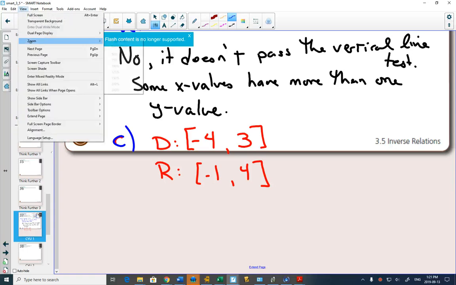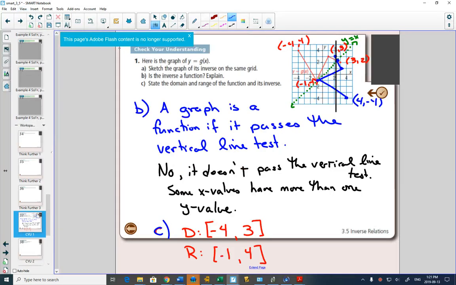Now, to find the domain and the range of your inverse, which we've got up here in blue, again, we could look at the graph because we've drawn it. Can you see that now that your smallest x value on the blue graph is at -1? And your largest x value on your blue graph is 4.